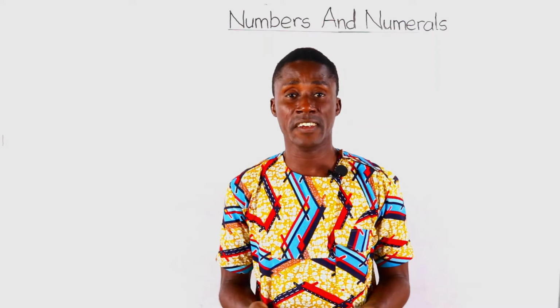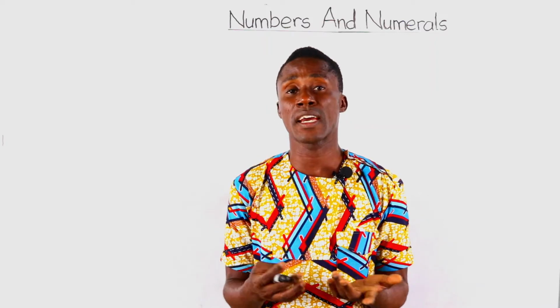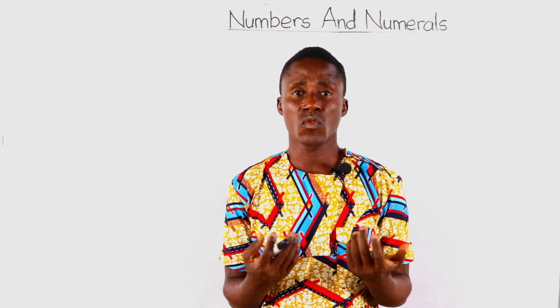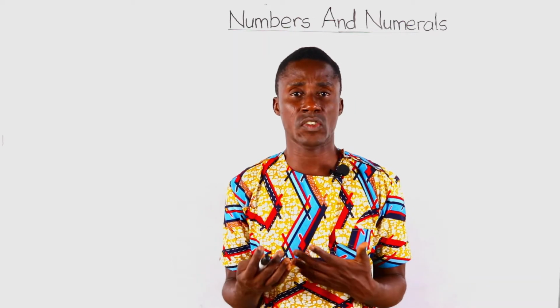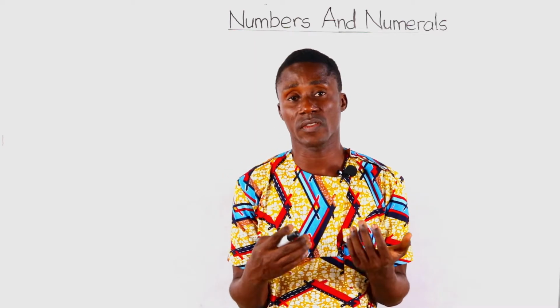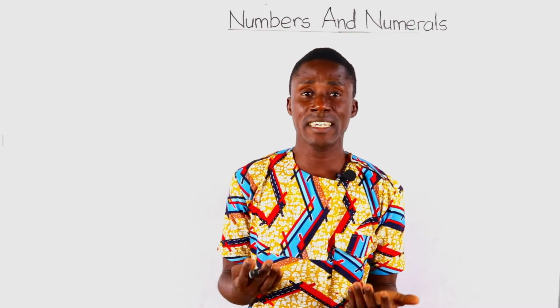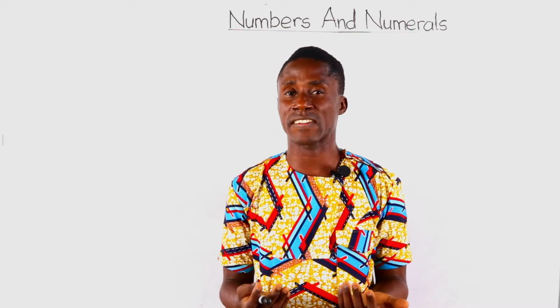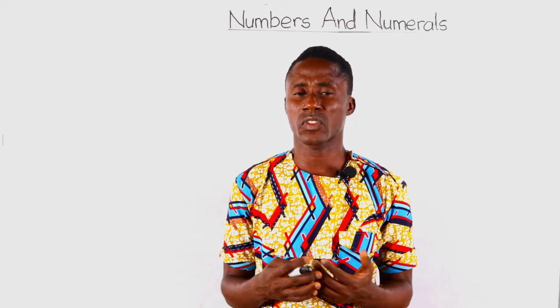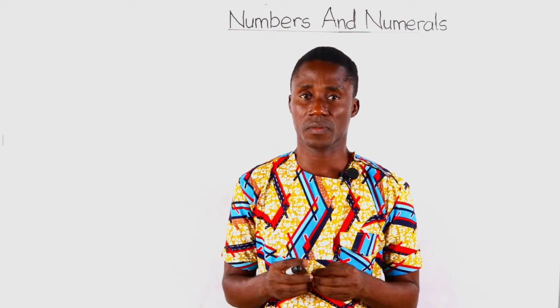They started getting more and more knowledge about their environment. And one of the things that they realized is that they needed to know how many things there are. So, the need to know how many things there are brought about something that we now call counting.